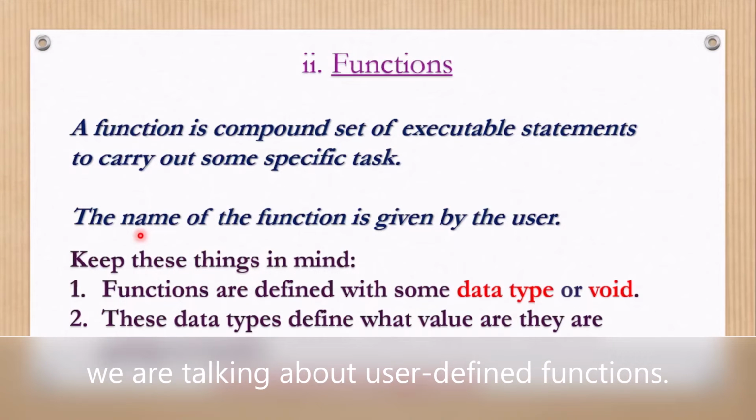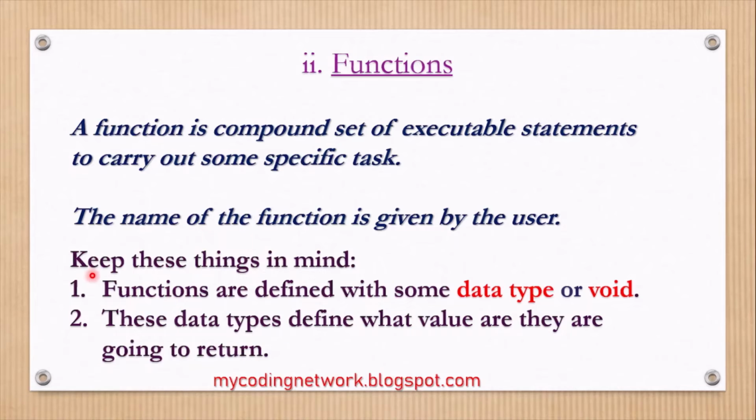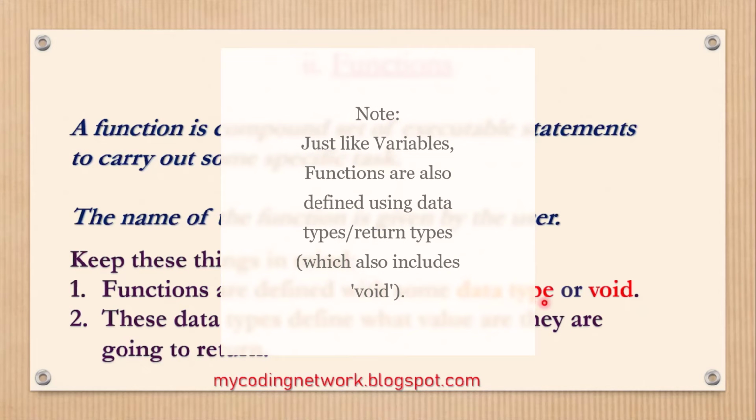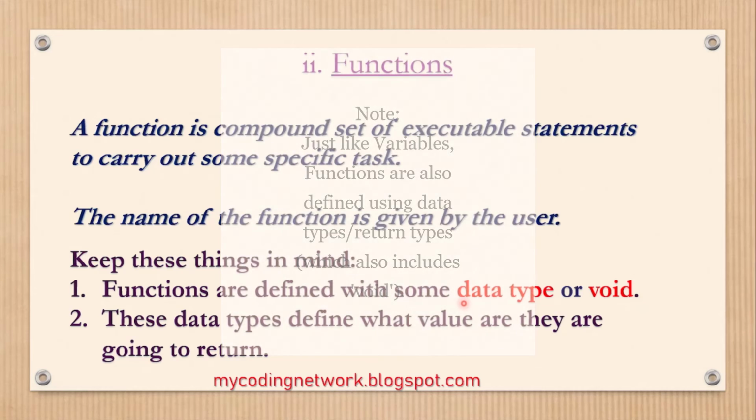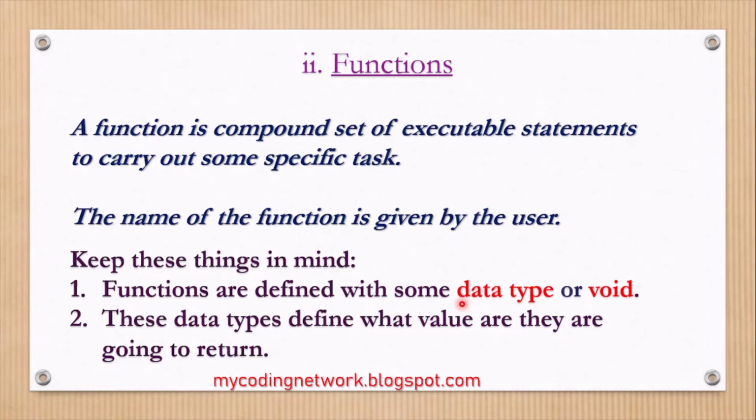If we move on further, the name of the function is given by the user. Now remember these two very important points. The functions also have some data type. If you remember, in a variable, the data type defines what type of data is going to be stored inside the variable. But over here, the data type decides what type of value the function is going to return. A function defined with the void keyword means that it is not going to return any value.